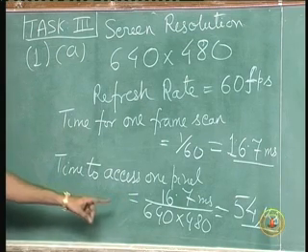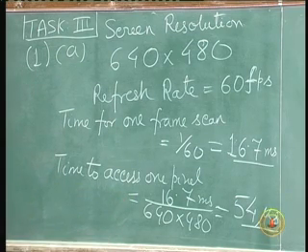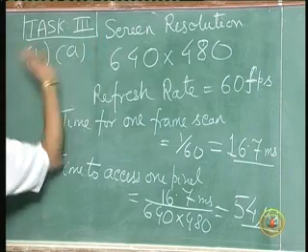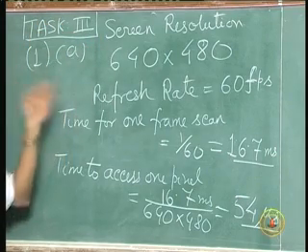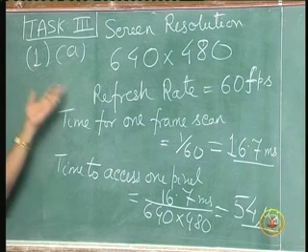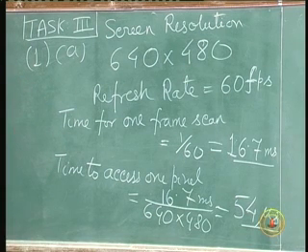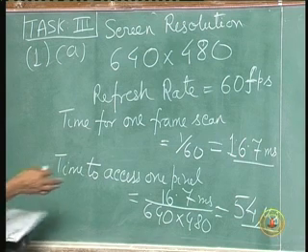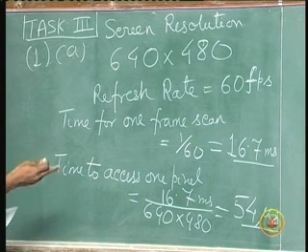Now, this value of 54 microseconds includes the time for vertical retrace. That means, individually accessing all the pixels from left to right per row, and then for the second row, third row, and all that, and then you need to have time for retrace, both horizontal and vertical retrace times. If you take into account that time, which typically takes about 17% of the time, then you will be left over with about 0.83 of the time.